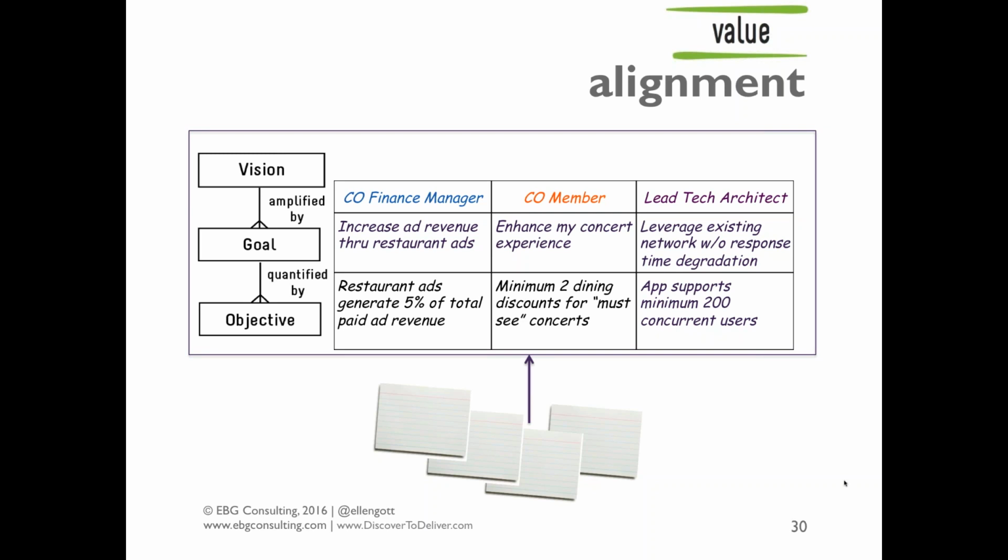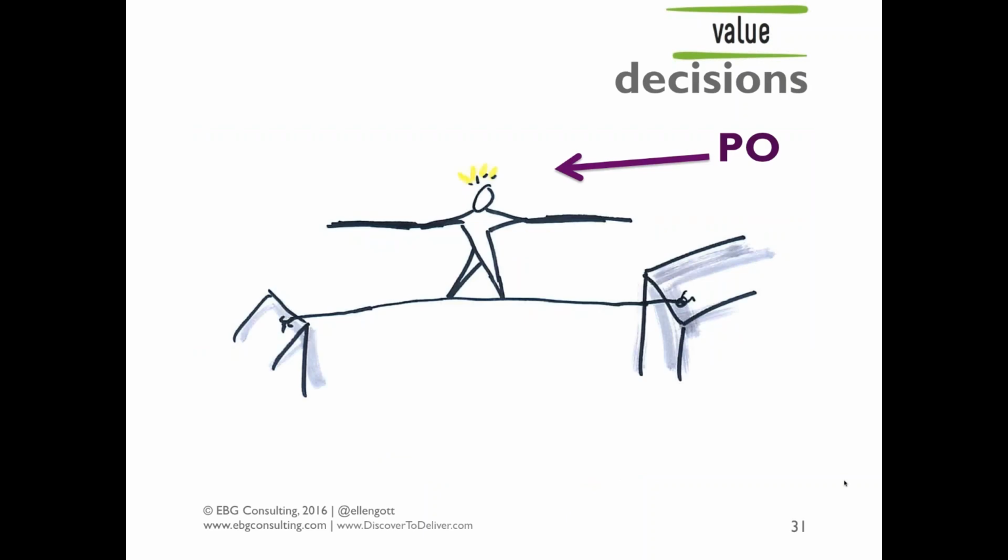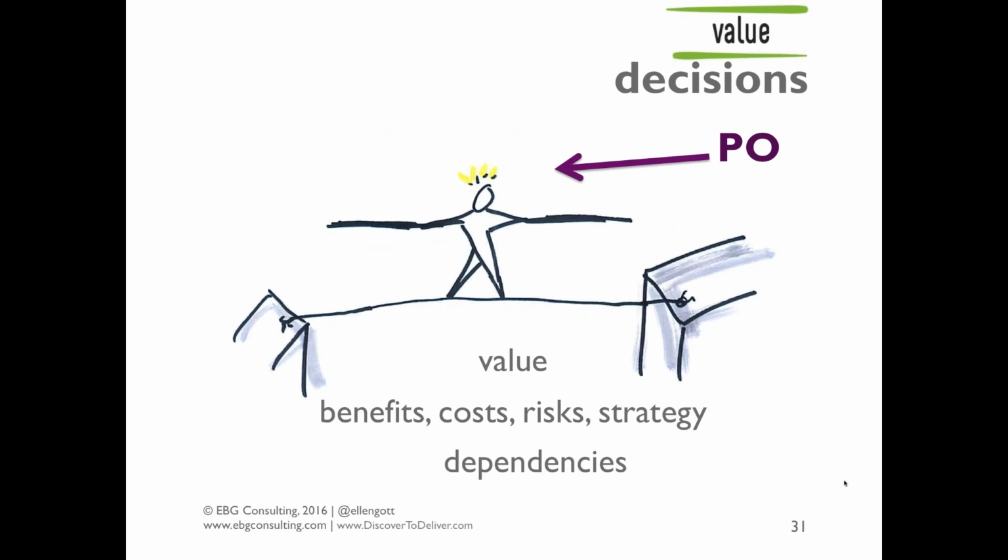So product people out there, this is your tough call: first of all understanding these partners and collaborating with your internal and external partners, including technology partners, to understand what is value. You have that tough balancing act where you're balancing value, which is foundational, with cost, benefits, risk, strategies, dependencies.